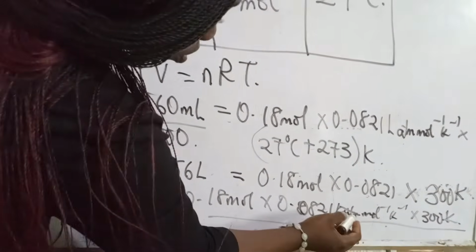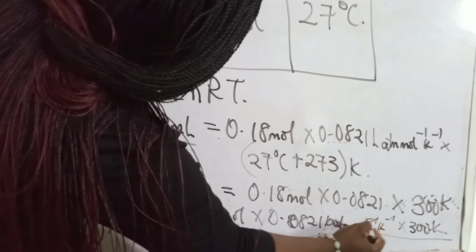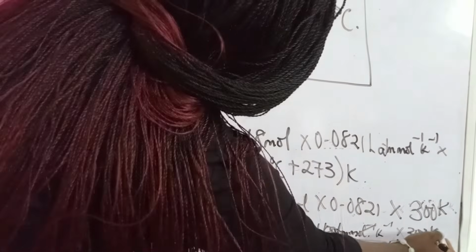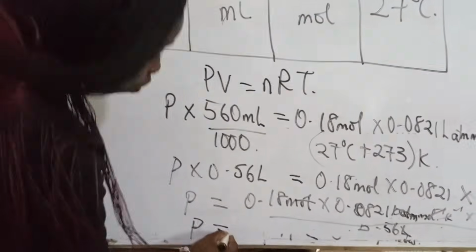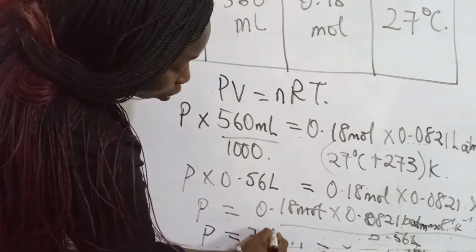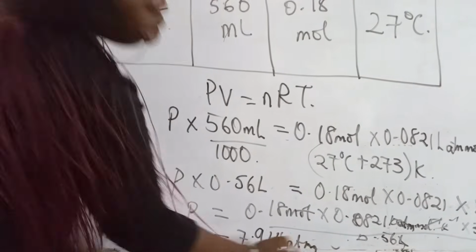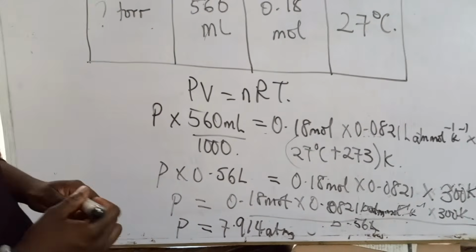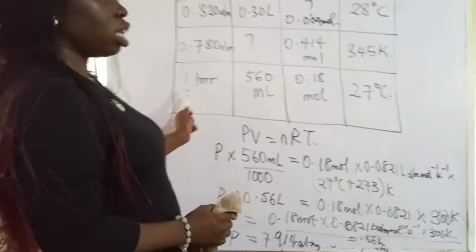The atm will not cancel because we are looking for pressure, but the mole will cancel the mole and the Kelvin will cancel the Kelvin, and we are left with P equals 7.914 atm.